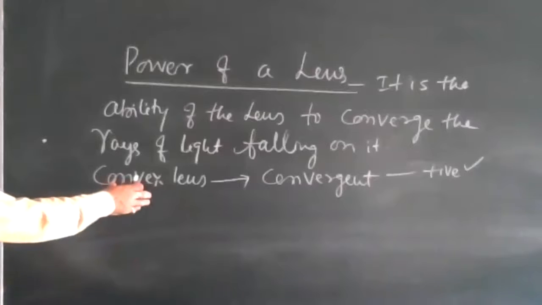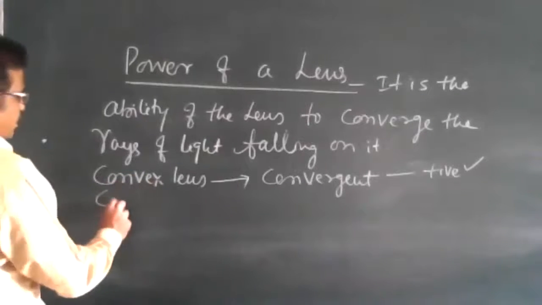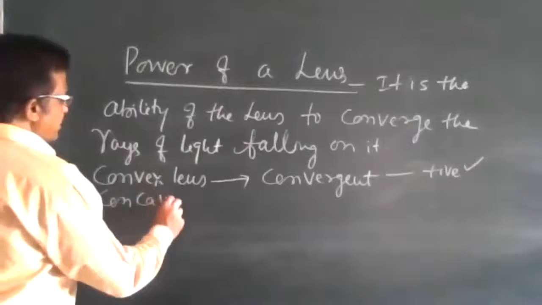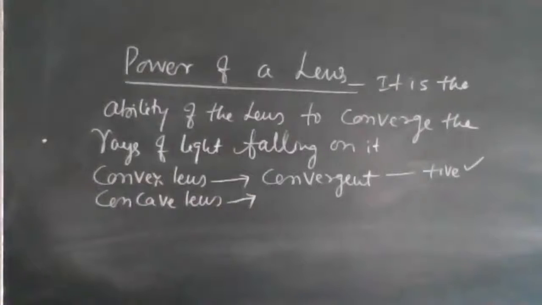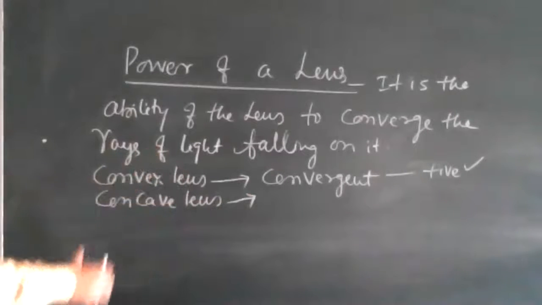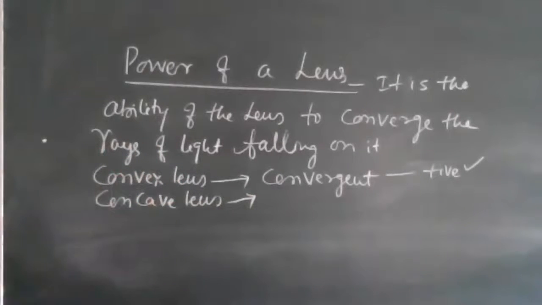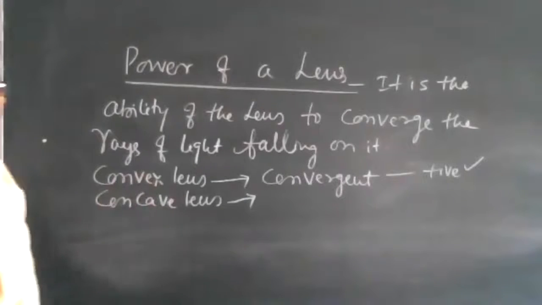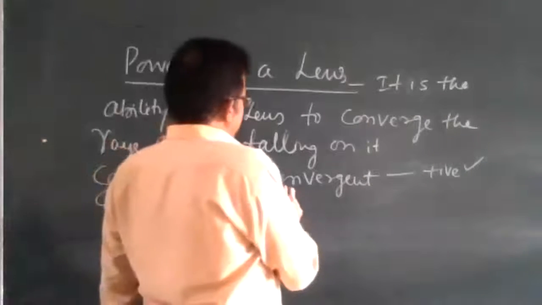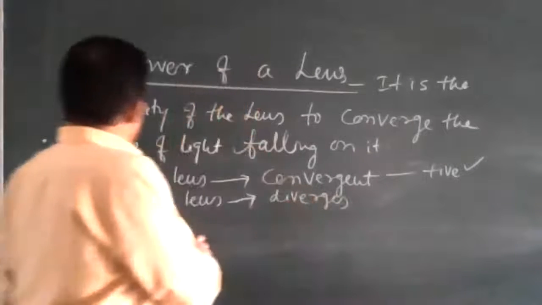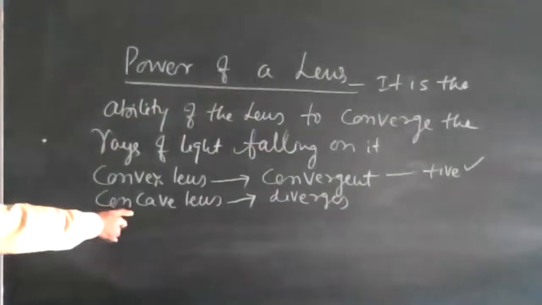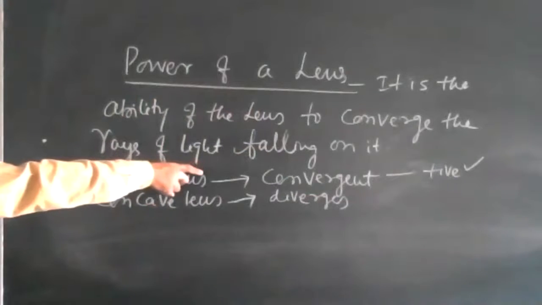On the other hand, concave lens diverges the rays of light falling on it.